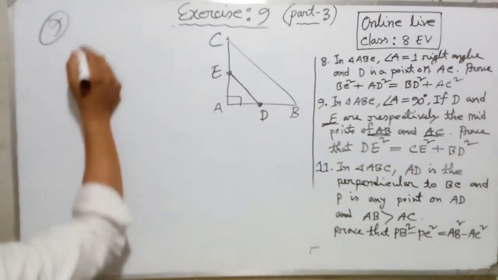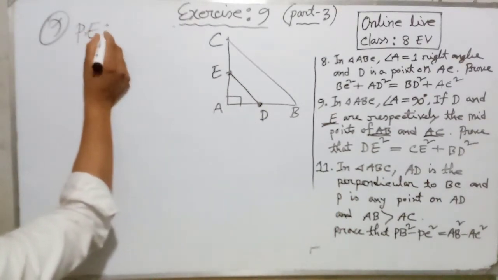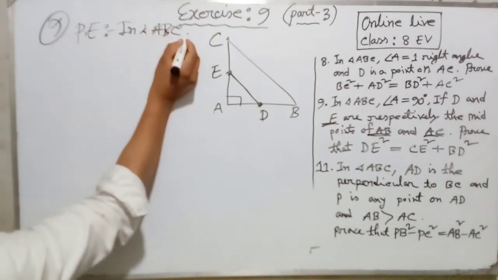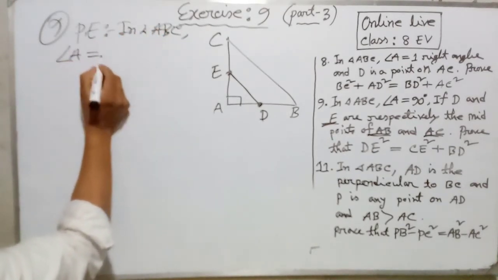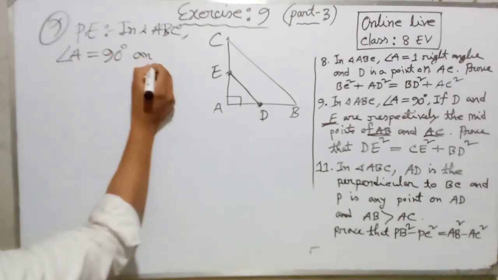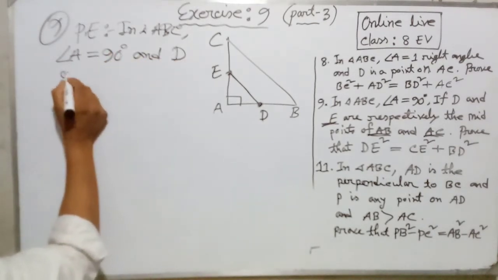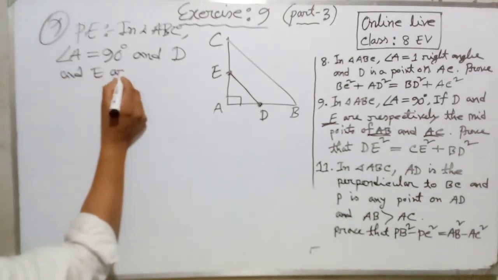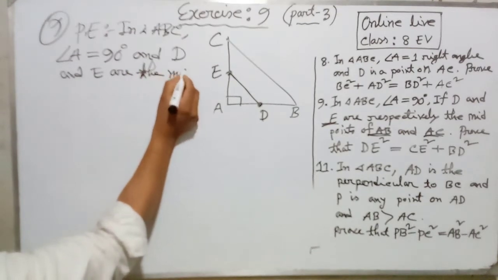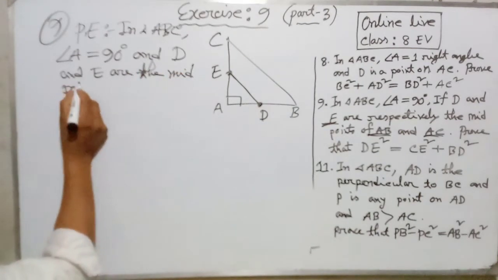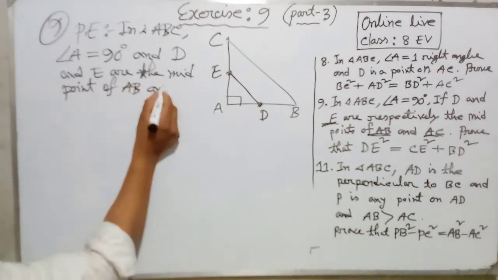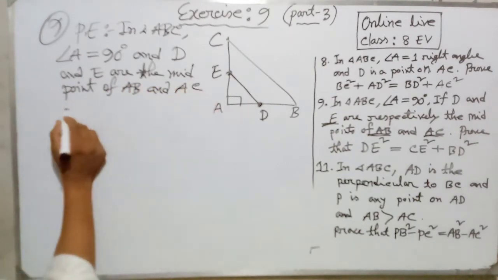So now dear students, at first we can write the particular enunciation. In triangle ABC, angle A equals 90 degrees or one right angle, and D and E are the midpoints of AB and AC respectively.